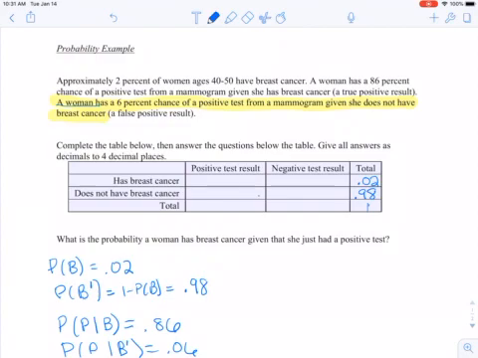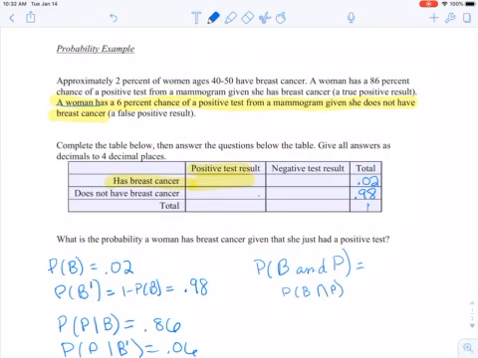Okay, so now to get the probabilities inside the table, those are the joint probabilities. So we're looking for the probability that the woman has breast cancer and a positive test result right here, right? Now, in some of the videos that go with the homework problems, it actually shows this as B intersect P. That means the same thing as and.